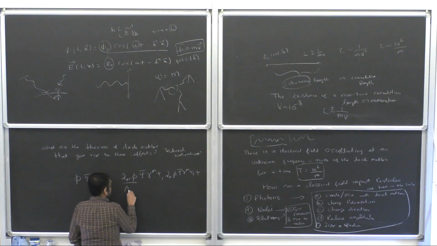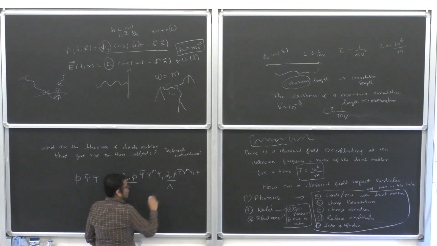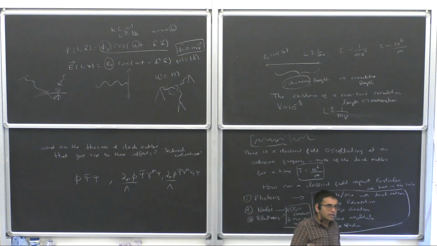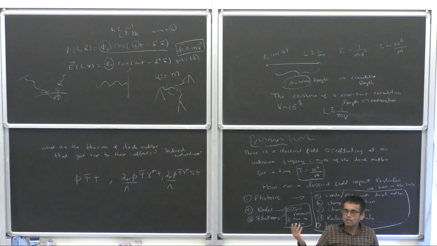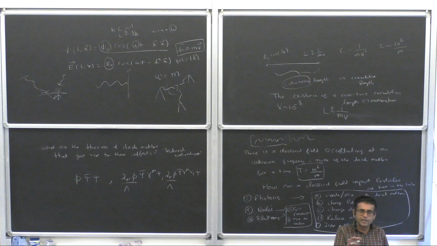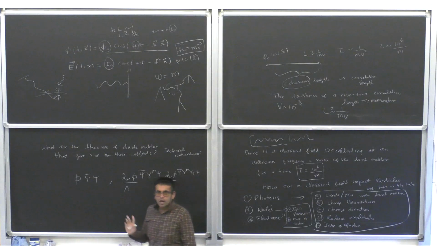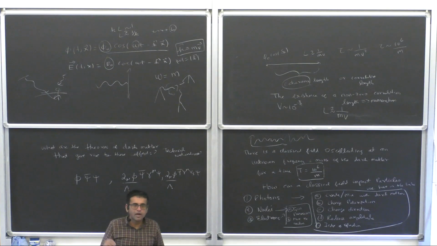So there's basically some scale where you're right, there are high dimension operators, but okay, so what? Gravity is not UV complete, right? It doesn't prevent it from existing. So we're taking the effective field theory point of view, where we just say, look, there is some physics at the scale lambda. I don't know what it is. It's what I'm trying to find, and this is a way for me to detect it.